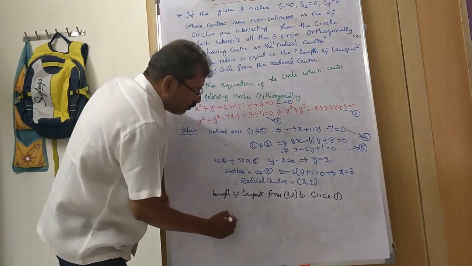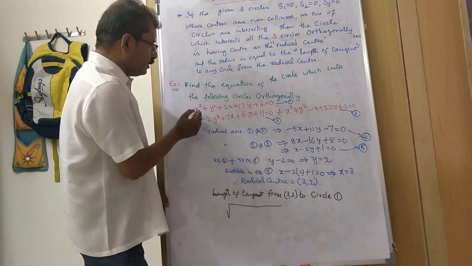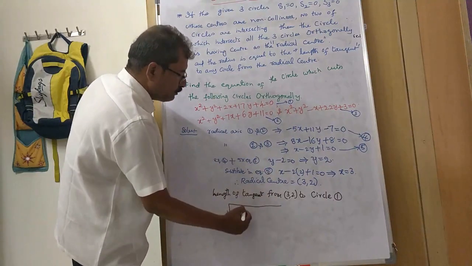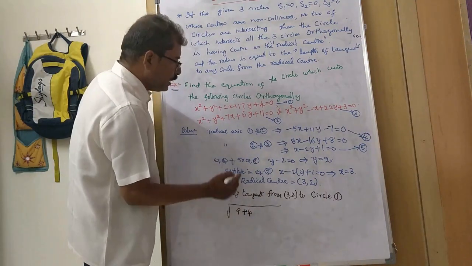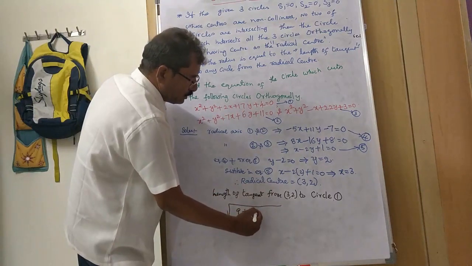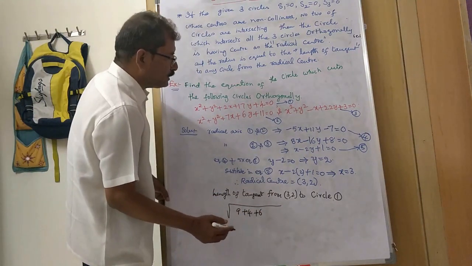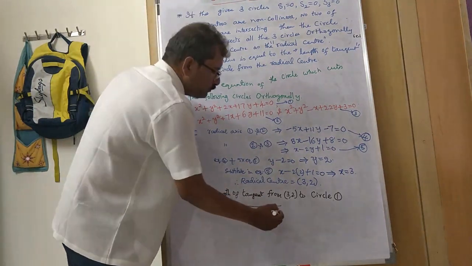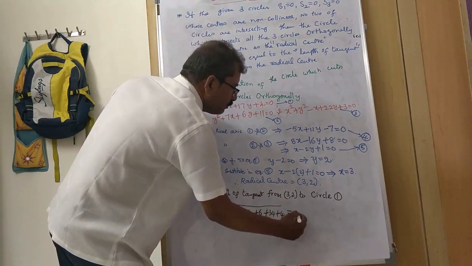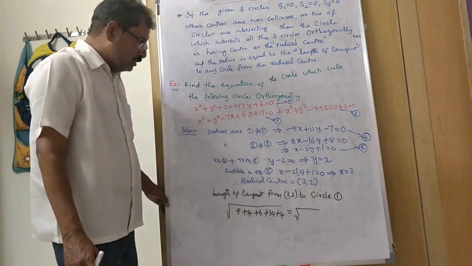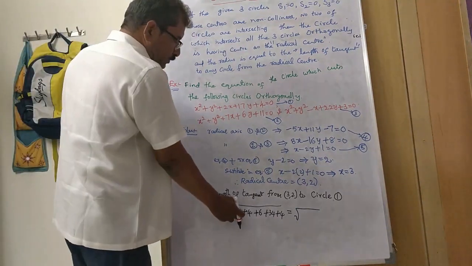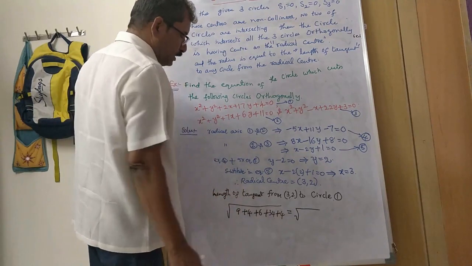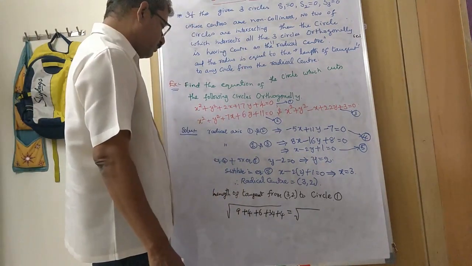So under root of x square means 3 square, 3 square is 9, plus y square is 2 square means 4. 9 plus 4, plus 2x means 2 threes are 6, and plus 17y is 17 twos are 34, plus 4 is equal to square root of how much is it? 9 plus 4 is 13, 13 plus 6 is 19, 19 plus 4 is 23, plus 34.